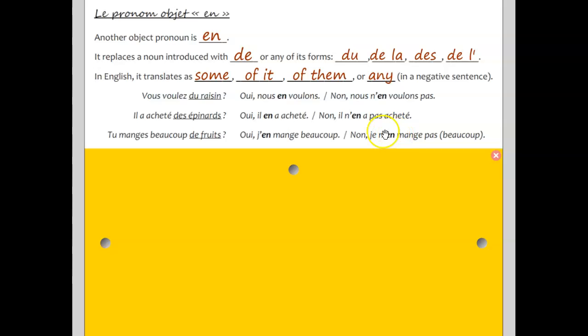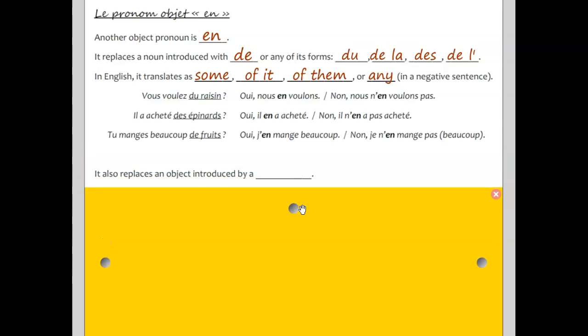So the en kind of changes what we would say in English, just according to how the sentence is put together. Notice in each of those cases, what the en is replacing is some phrase that starts with a form of de. So du raisin, des épinards, de fruits. So that's one way that we use this object pronoun en.